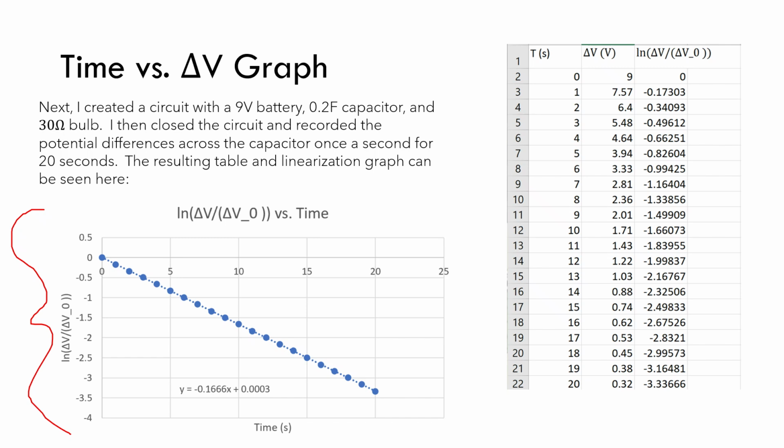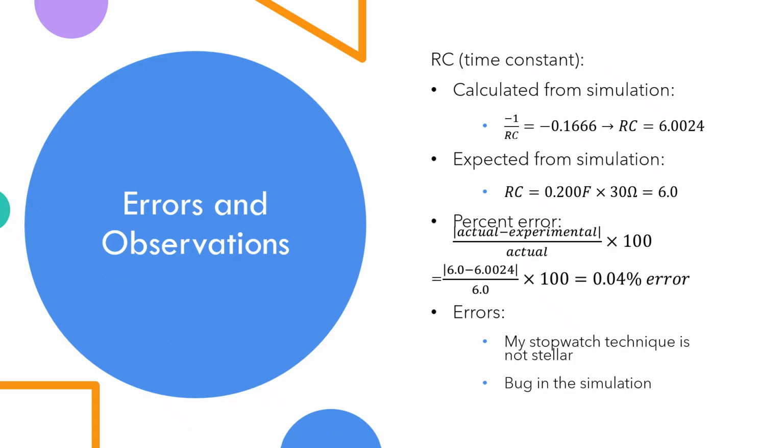And then this also gave us our slope, which we will use to calculate our RC value on the next slide. Now, as promised, this is where we pull in that slope to calculate our RC value or our time constant, and that is pretty close to the one that we would have expected had we calculated straight from the ideal. And we got a percent error of 0.04, which is pretty good.